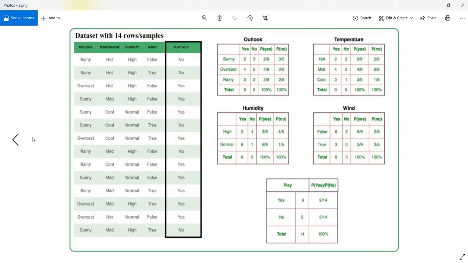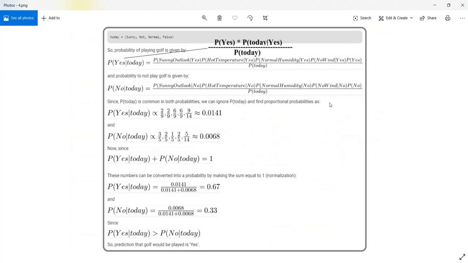Suppose we trained our model using this 14-row data set. Now we want to predict, for one future day based on some climatic conditions, whether the athlete is going to play golf or not on that day. So we did this. This is just a simple Bayes theorem and we applied it.